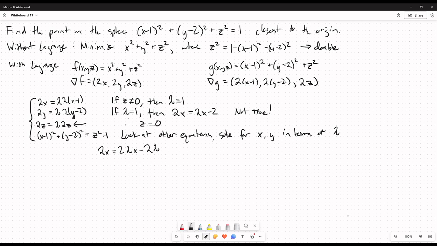If I rearrange my terms, that's going to give me 2 lambda equals 2 lambda x minus 2x. I can divide each side by 2, essentially, to get lambda equals lambda x minus x.